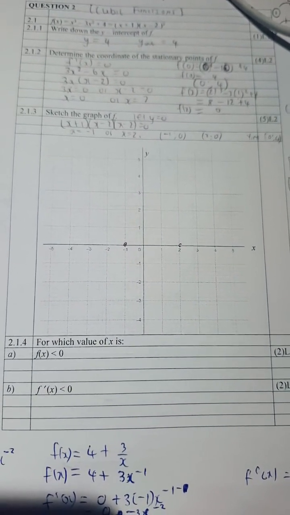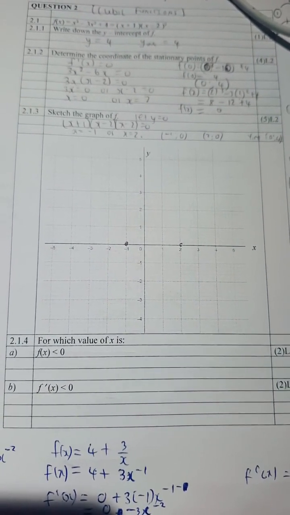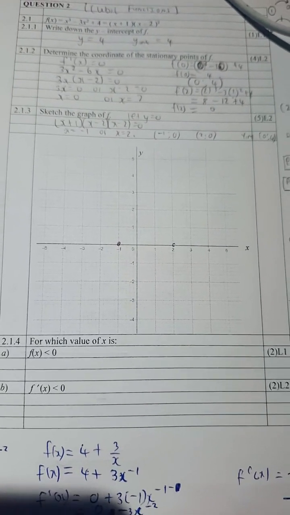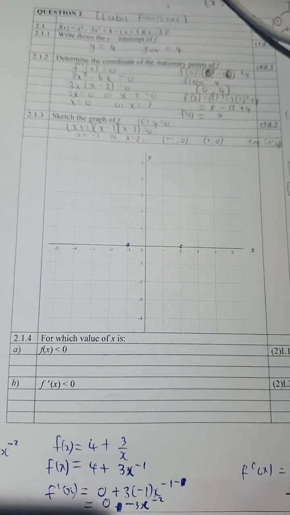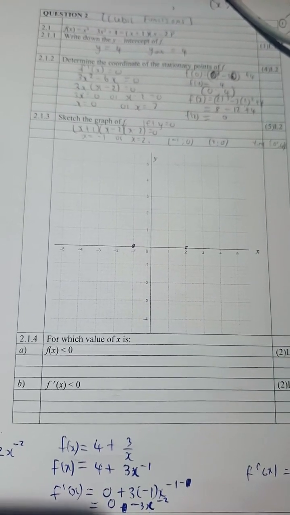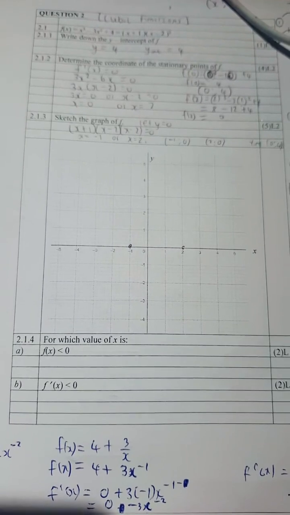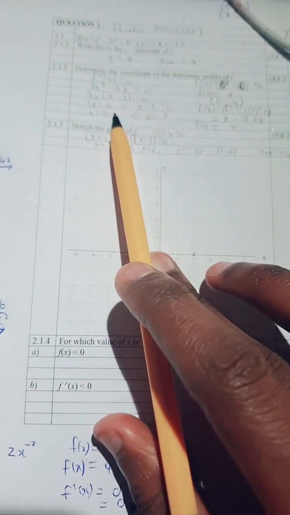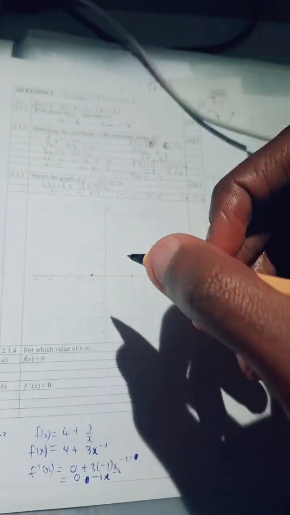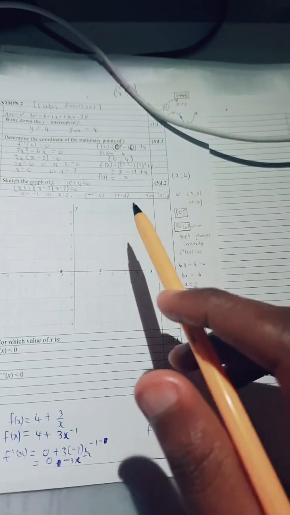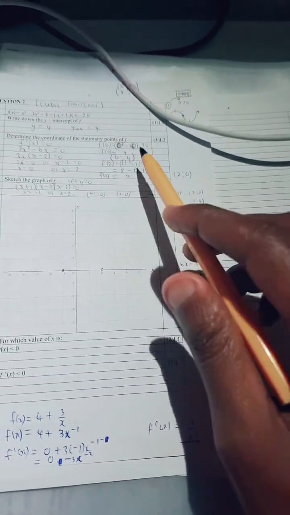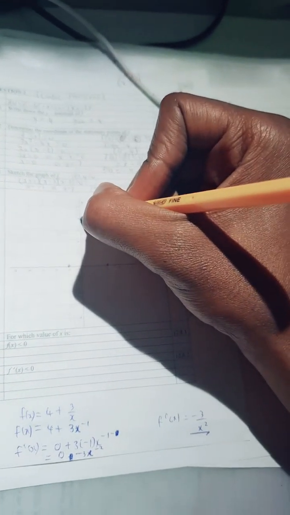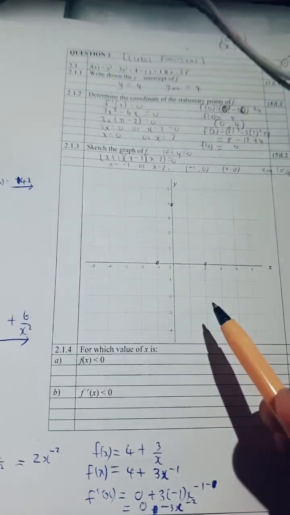Then stationary point, x is equal to 0. There's one.